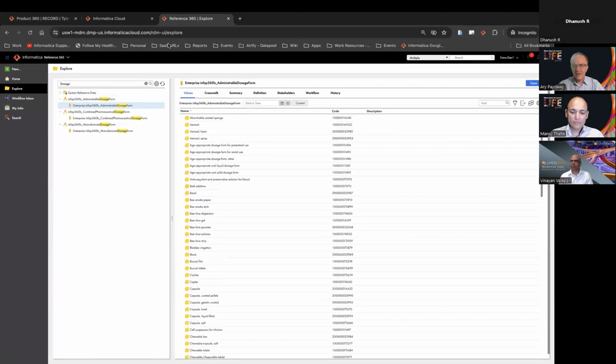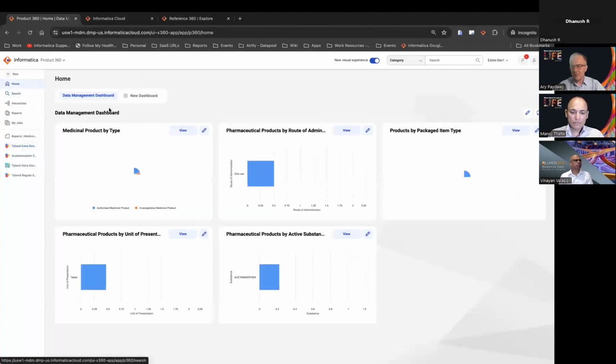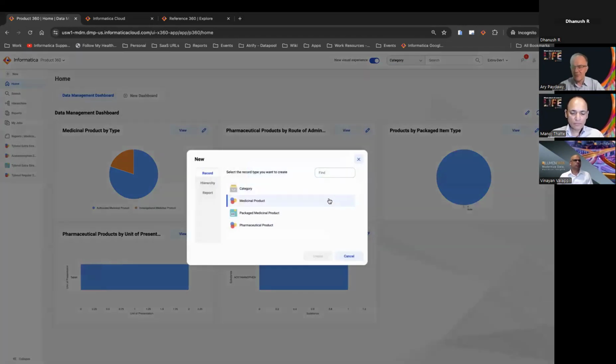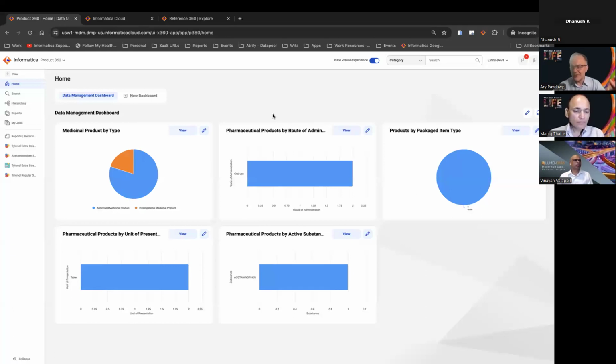So again, to quickly sum it up here, it comes with a dashboard, it comes with business entities, it comes with relationships, and it comes with the connectors of HL7 as well. Not to mention, you can have all this reference data that comes with it. And then most importantly, you can take advantage of the data management to do more.